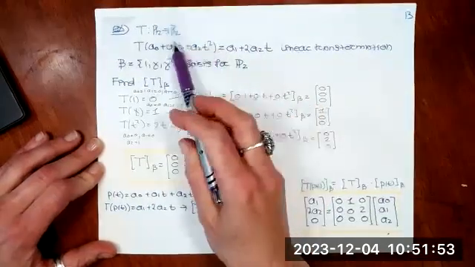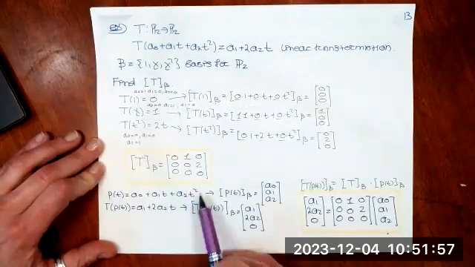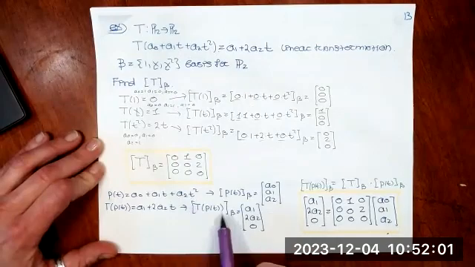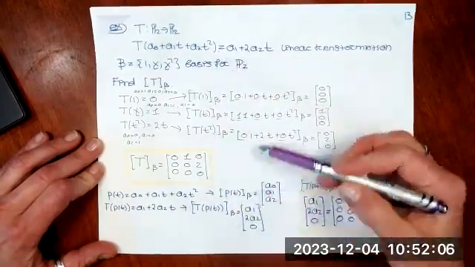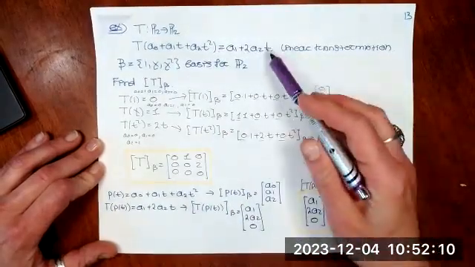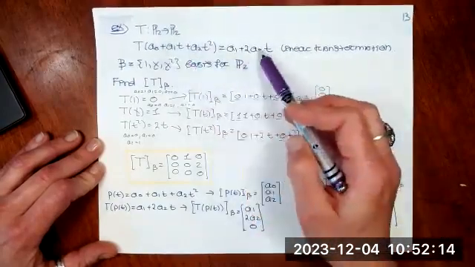I can rewrite my x as a coordinate vector. My p(t) in terms of beta is just my coefficients. And my coordinate vector of T(p) is the constant a1, the coefficient of t, and the t squared coefficient missing. So I know the coordinate vectors of those.